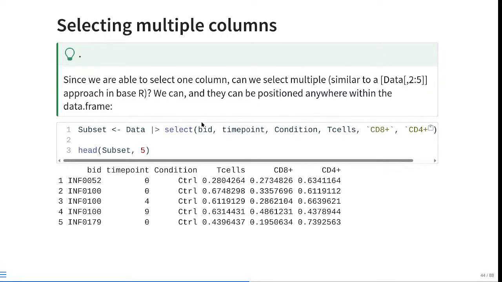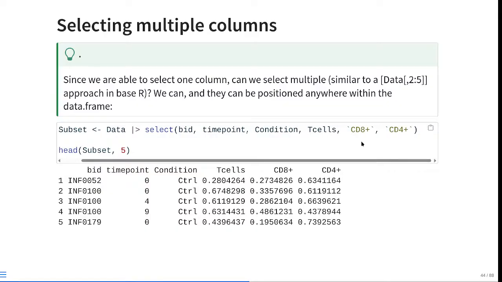So if within our select function, being passed over the data from the pipe, you start listing multiple column names, in this case bid, which corresponds to the specimen, time point, condition, T cells, as well as CD8 positive, CD4 positive, noting these have special characters, so they need their little tick marks. You can see from the big broad data frame, it gets subsetted down, so it's just those columns that we have specified that we actually want to keep available.